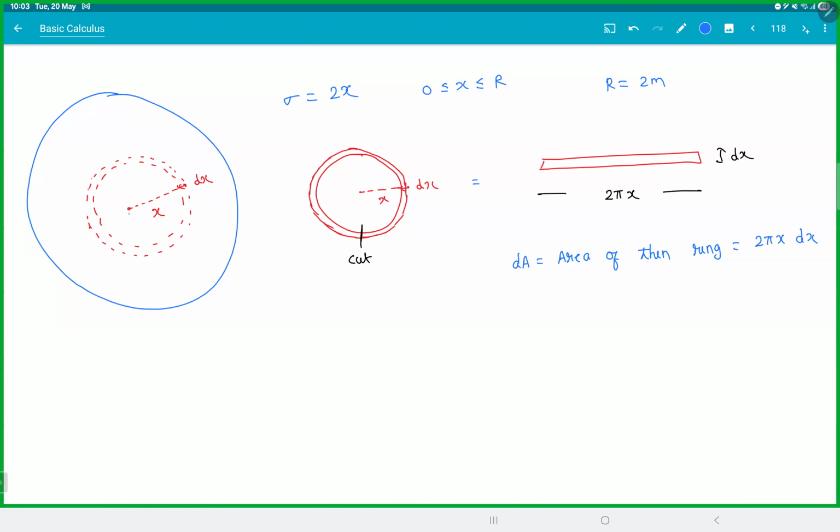Nothing changed so far. Now, the mass of this thin ring, let's call it dm. So dm is the mass of this thin ring. Now you need to understand, the only formula I know is mass equals density into area. The problem I faced till now was the density was changing everywhere. So now what am I saying? The thickness is so small, I can assume the density is almost constant. So this will be sigma into dA.